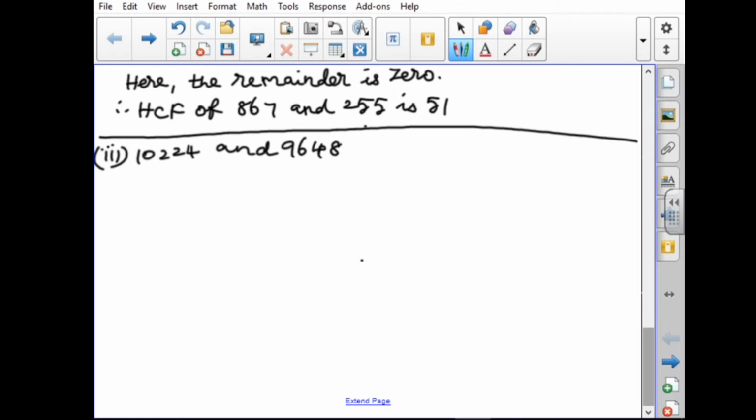The same method you want to find out. Use it here, using Euclid's division algorithm.